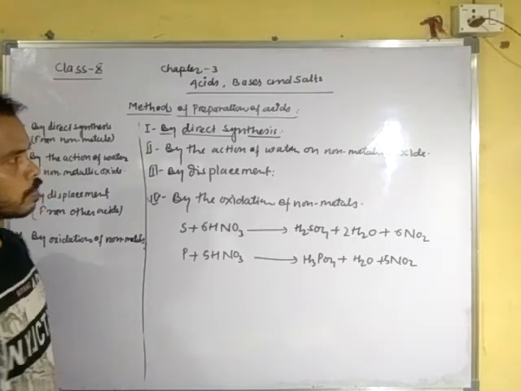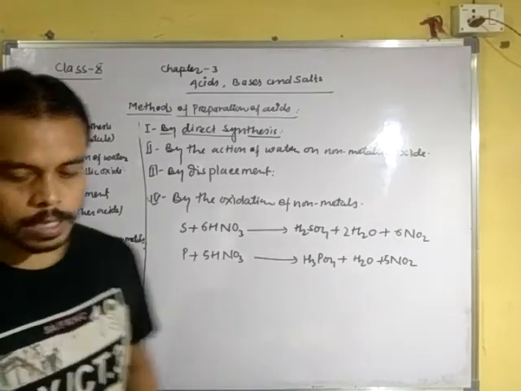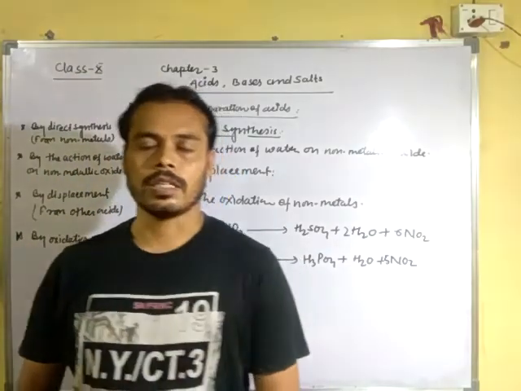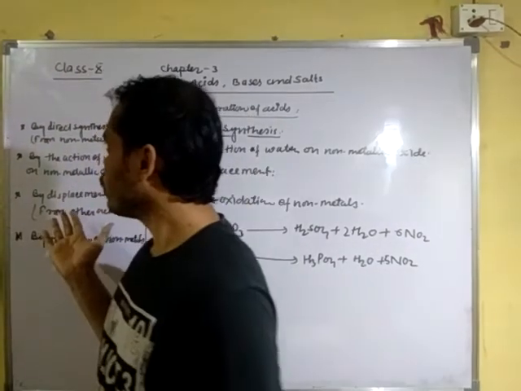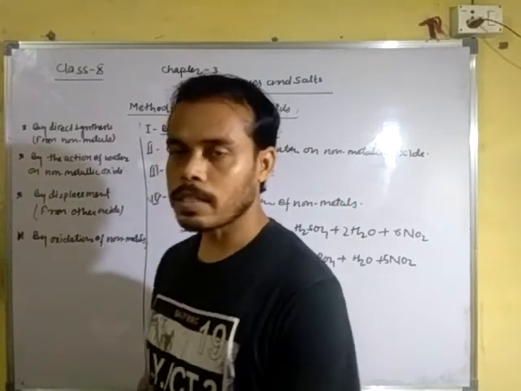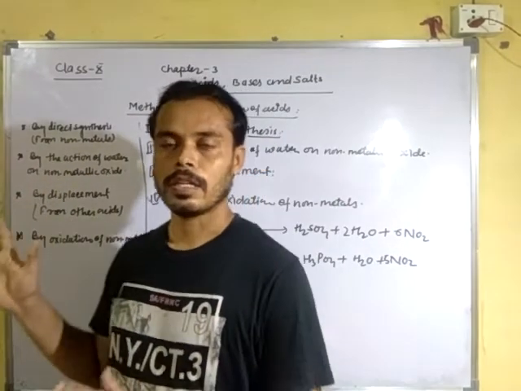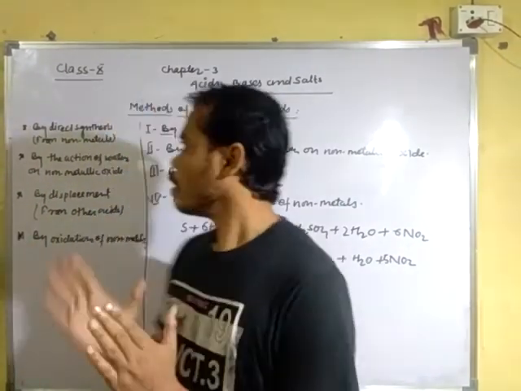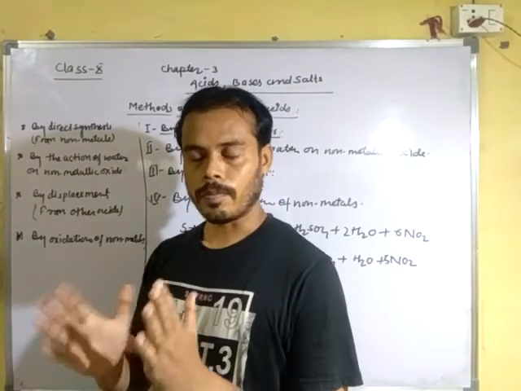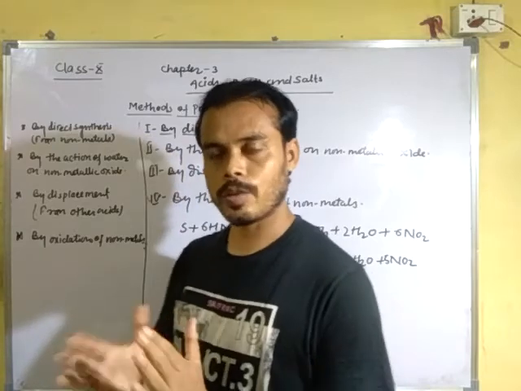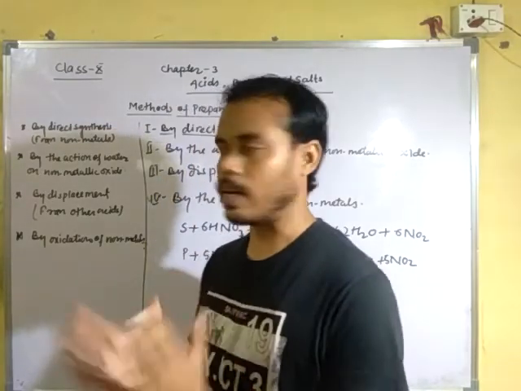Now in this video we have covered all the methods included in your syllabus. There are 4 methods. By direct synthesis, we treat non-metals, hydrogen and chlorine, hydrogen and bromine, to form HCl and HBr.